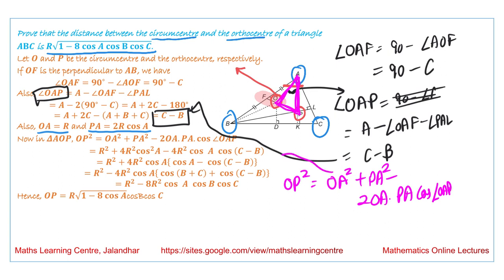And if we substitute these values over here, we obtain the final answer in this form, that OP is equal to R times square root of 1 minus 8 cos A cos B cos C.